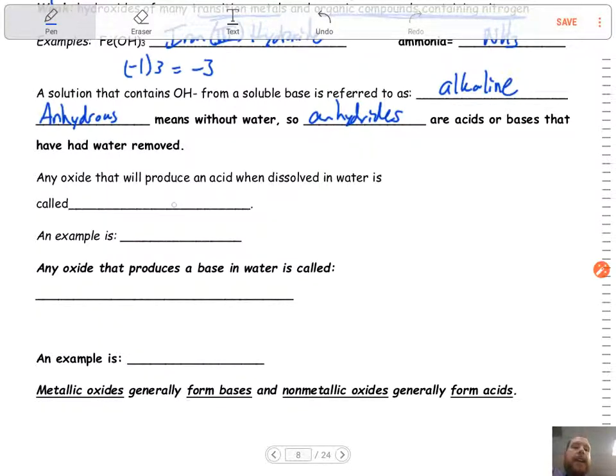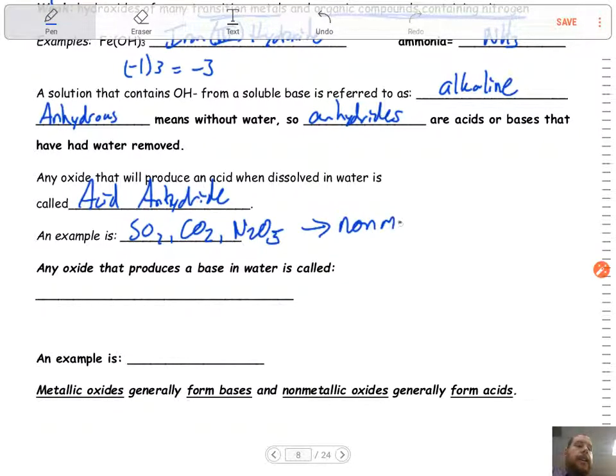So any oxide that will produce an acid when dissolved in water is called an acid anhydride. An example of that would be something like SO2. It would be CO2, N2O5. Notice these are nonmetal oxides, so nonmetals with oxygen. They are the ones that produce an acid.